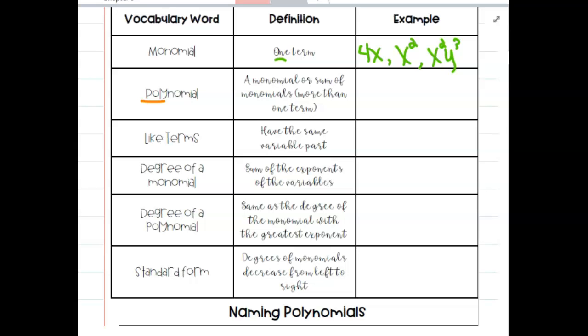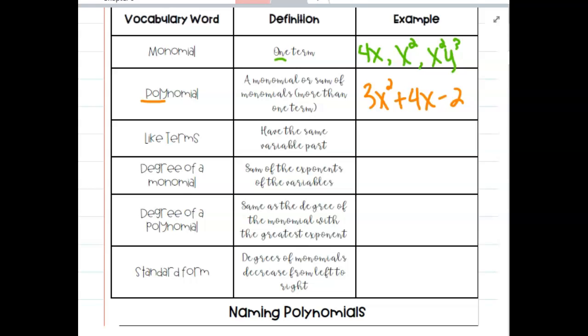For example, 3x squared plus 4x minus 2 is a polynomial. I have three terms here: 3x squared is one term, plus 4x is another term, minus 2 is a third term. Many terms is a polynomial.